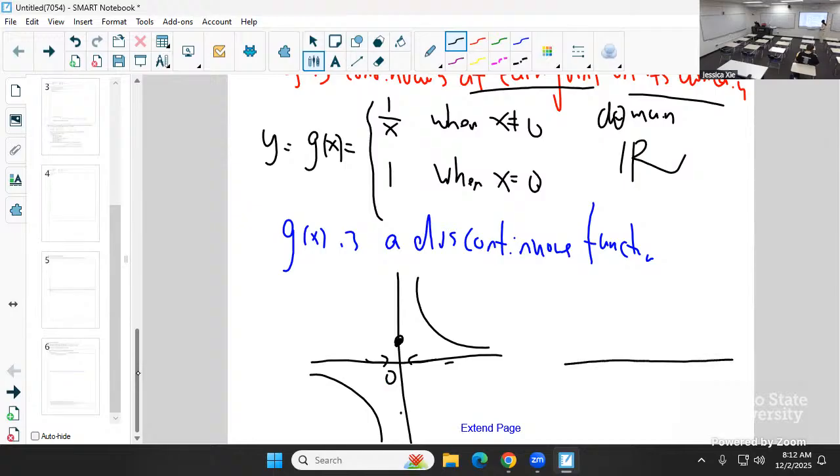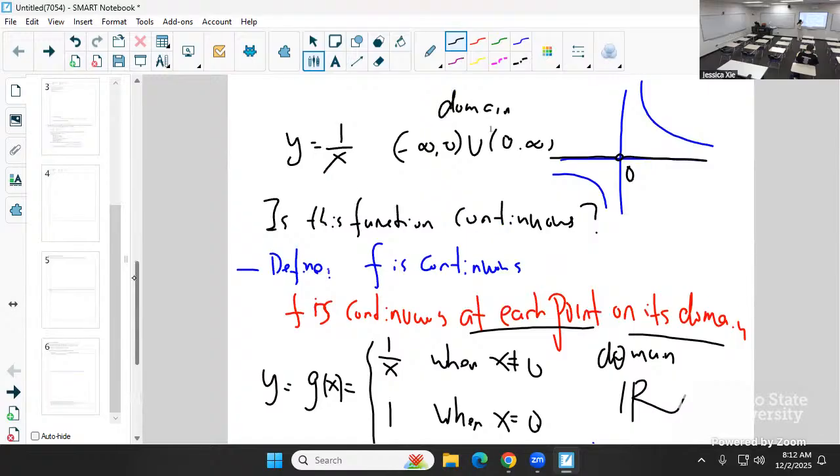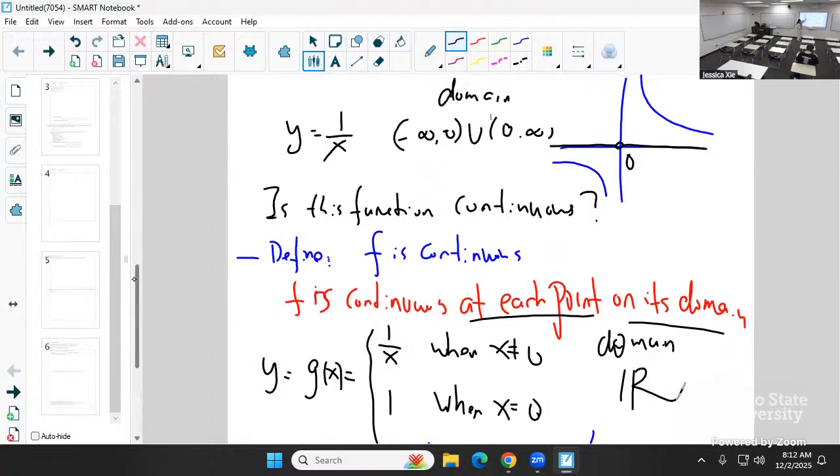But on the other hand, for this function, it is defined only at non-zero real numbers. So 0 does not belong to the domain, and we don't care what's happening at 0, right? If you compare the two functions side by side, y equals 1/x using the natural domain is a continuous function.